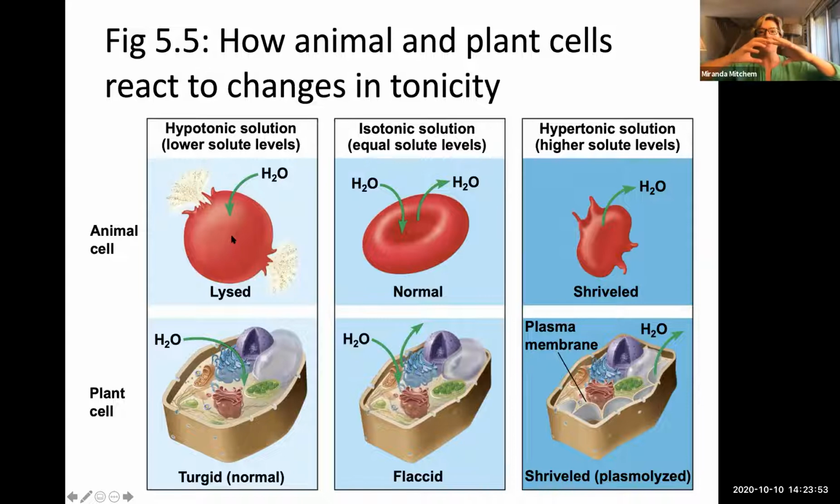The cell is going to get bigger and bigger and bigger and eventually pop. And then oppositely, in the hypertonic solution, now the solution is far more concentrated. Notice the shades of blue in the solution. So the darker blue is more highly concentrated. So the water wants to come out of the cell to effectively dilute the solution.